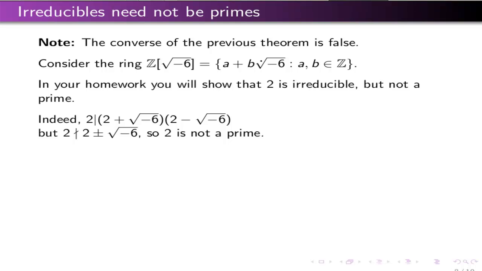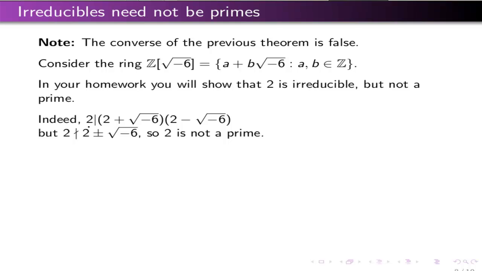So in your homework, you're going to prove the following. 2 is irreducible, but it's not a prime. So 2 is irreducible, meaning you can't factor 2 as a product of two non-units, and yet it doesn't have the defining property of a prime.